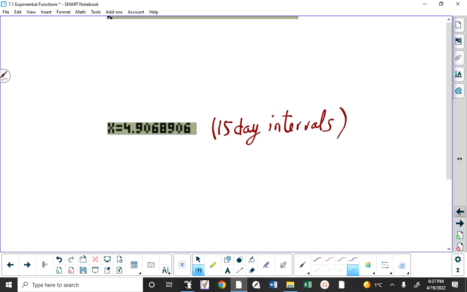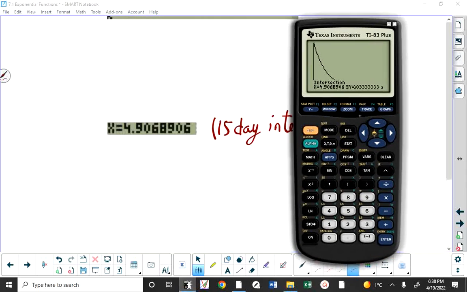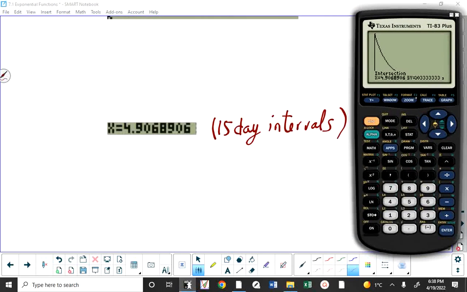So to answer this question, we need to multiply that x value by 15. If I quit out of here, and hit my x key and hit enter, there's my x multiplied by 15. So the answer to the question is about 74 days.